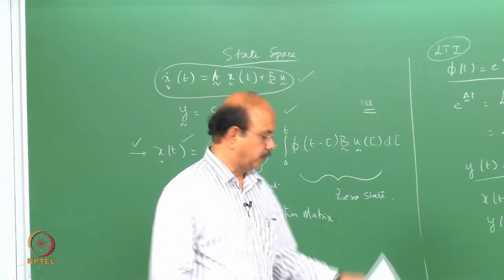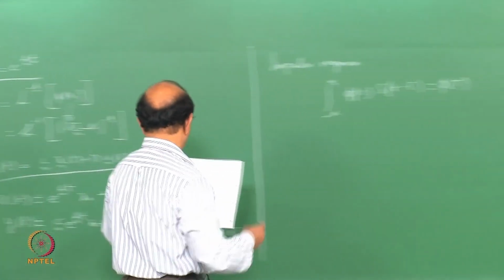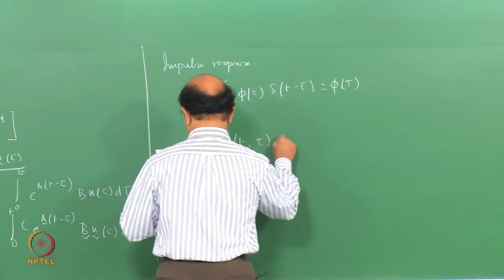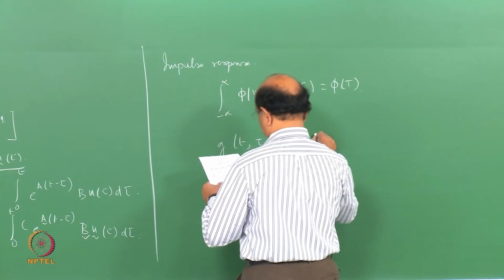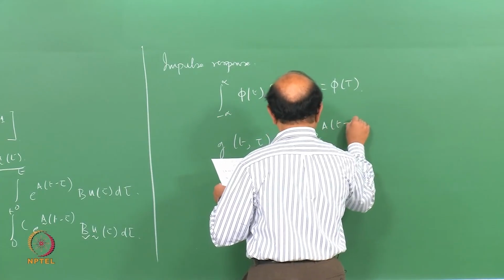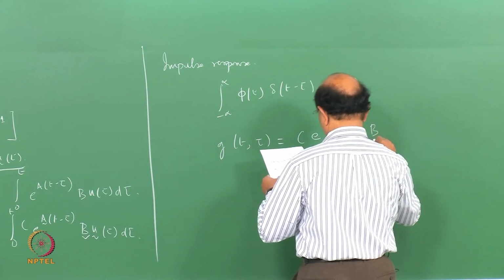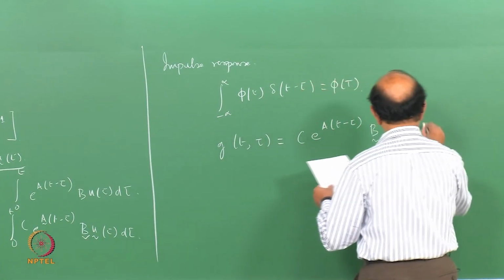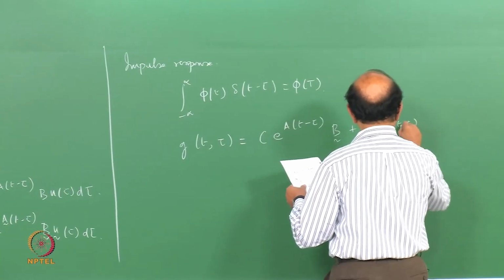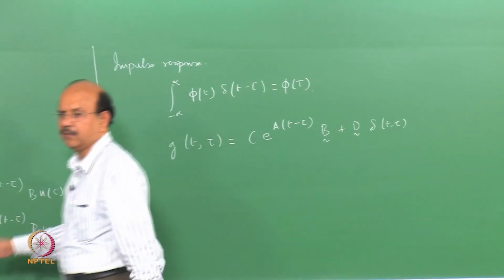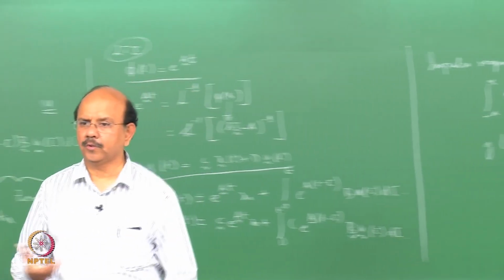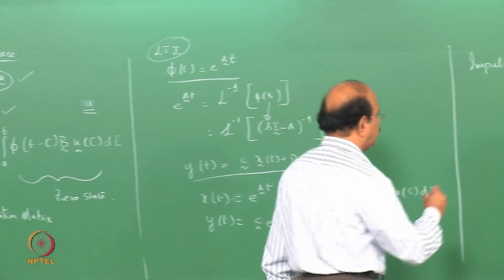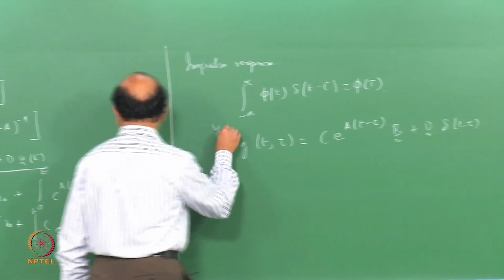This is because of the shifting property. Now substitute that into this expression, and ultimately you can write down c e power a(t minus tau) b plus d delta(t minus tau). For a minute we will remove this d; it is usually not there, but if you want to retain it, you can. How did I get this g? From this, which is nothing but y.